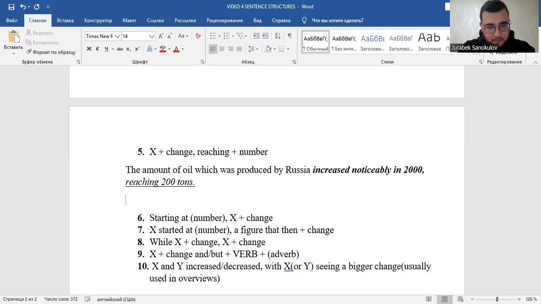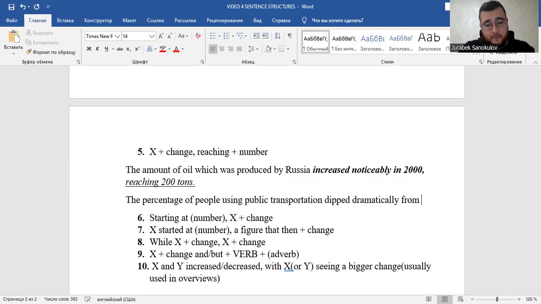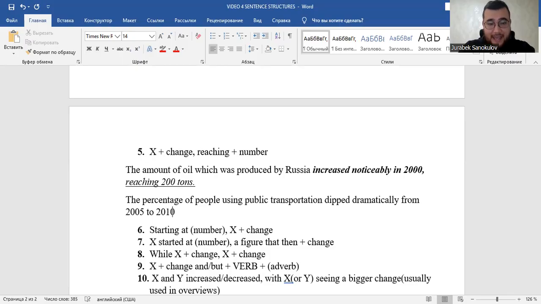So what can I say? The percentage of people using public transportation, we need to include the change. Dipped, let's say, dramatically, from 2005 to 2010, reaching just 10%.